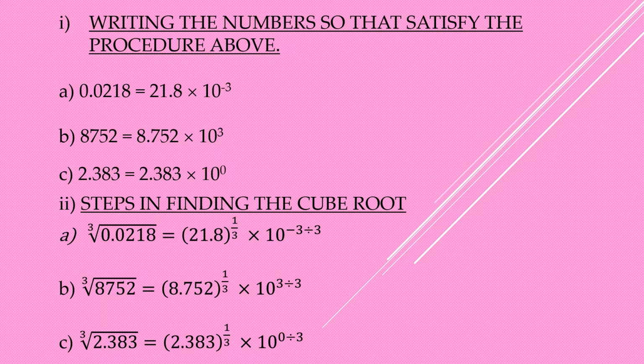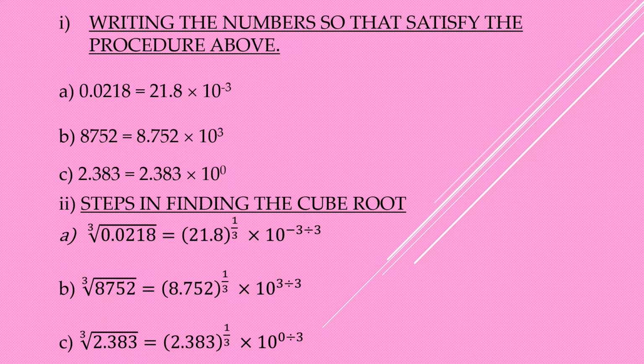The other step is to make sure that the part of 10 raised to power n is simplified by getting the cube root. And how to get the cube root is that we divide the power by 3. So for every number we have written such that r falls between 1.0 and 999.9, we divide that power by 3.